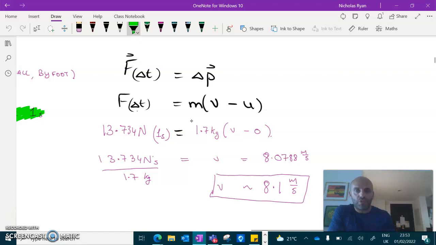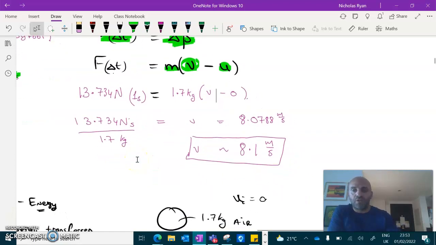So the force times the change in time, that's just your impulse equation, is going to be equal to the change in momentum. Of course, that is the mass times the final velocity v, which is what we've been asked to solve, minus the initial velocity, which was 0.